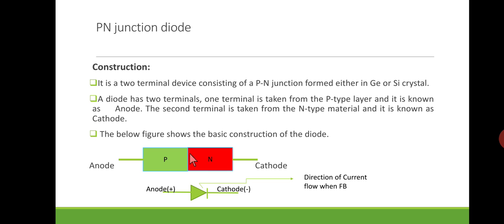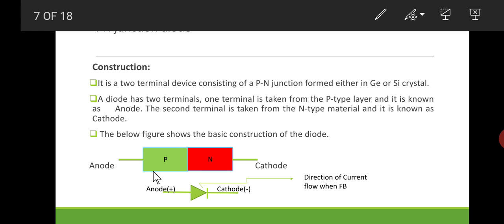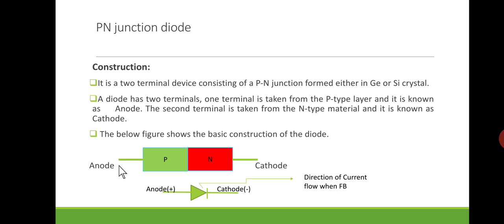Half of that material is doped with P type impurity, and that P type is called the anode, and the other half is doped with N type impurity, which is called the cathode. That means one terminal is taken from the P material, and another terminal from the N material. The terminal taken from the P side is called the anode. The terminal taken from the N side is called the cathode.